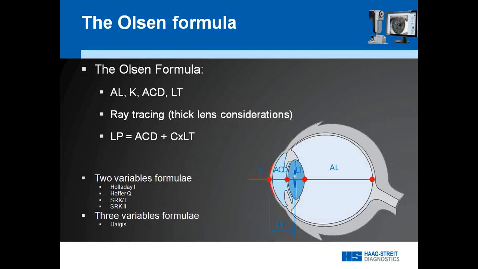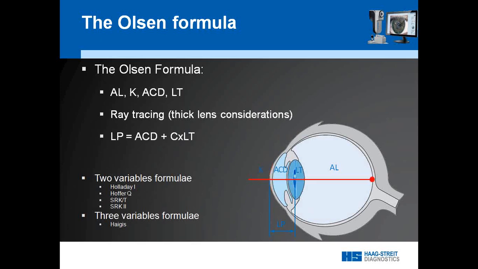In contrast, Olsen is using ray tracing to calculate the lens power. So ray tracing actually simulates the path of the rays of light through the refractive media of the eye. And in there, he's using for the lens position a measurable parameter he's calling lens position.